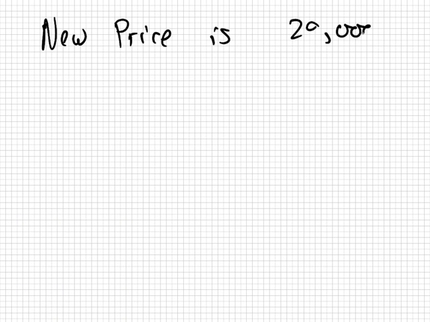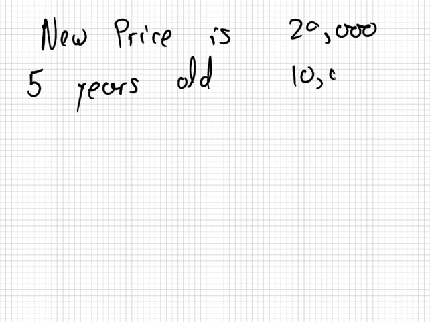A type of question in the exam you might get is something like: when a car is new, the new price is, let's say, 20,000 for a car. But then when the car is, let's say, 5 years old, the price is 10,000.